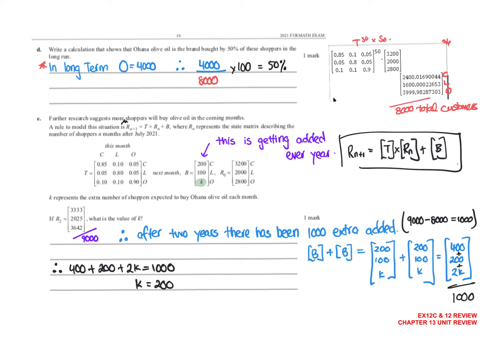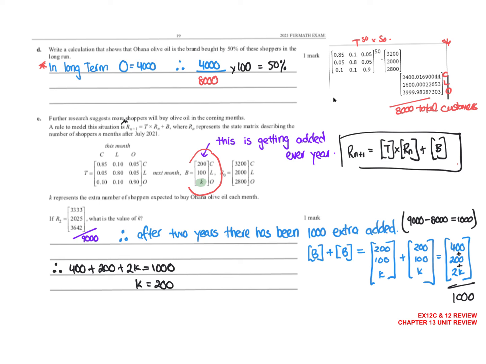So what we need to do, now they've given us R2. Okay, so K represents extra shoppers. So this B thing, we're adding extra shoppers to every time we do this transition thing. So we have a look and we're missing K, but they said R2. So R2 means we've got R0 here, we would have gone through the process twice.